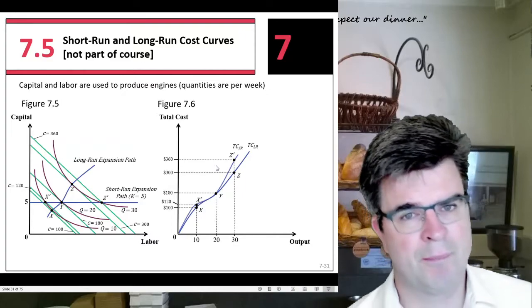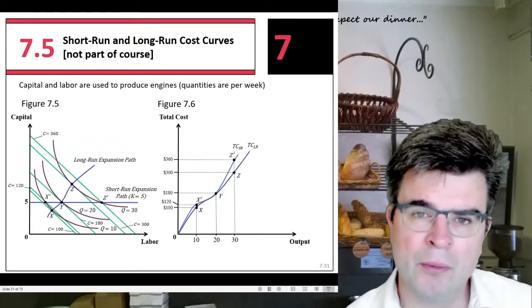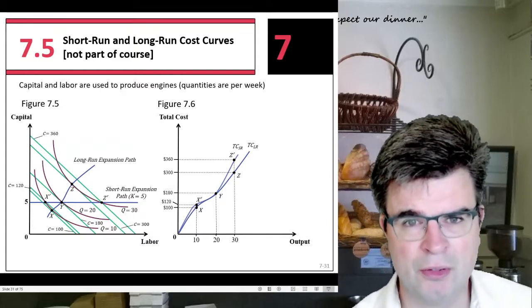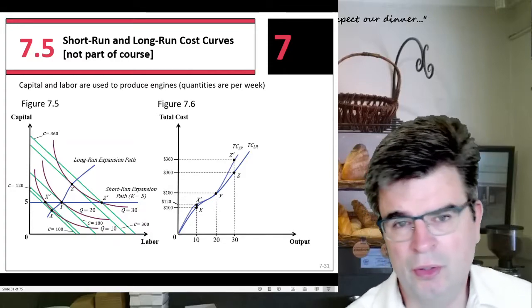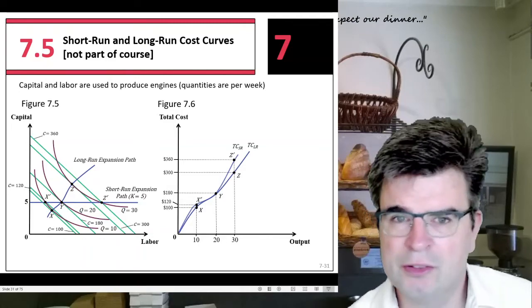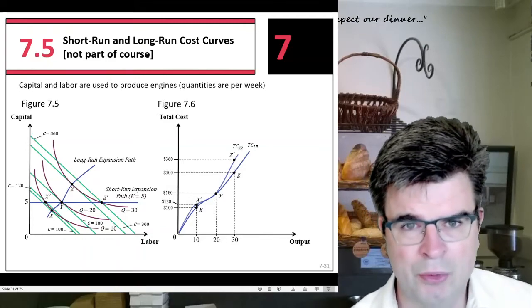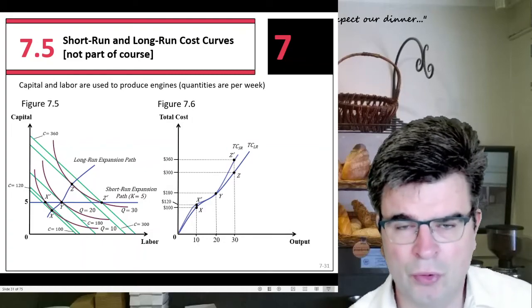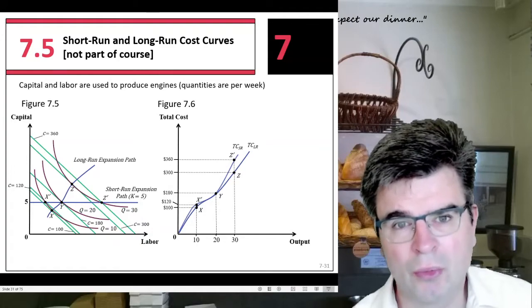And of course, this needs to be true by definition, because in the long run, you get one extra parameter that you can change. In the long run, you can change capital. In the short run, you cannot, and that's the only difference. So given that you are more flexible in the long run and you want to maximize your profits, the total cost of the firm, if anything, must be lower in the long run.